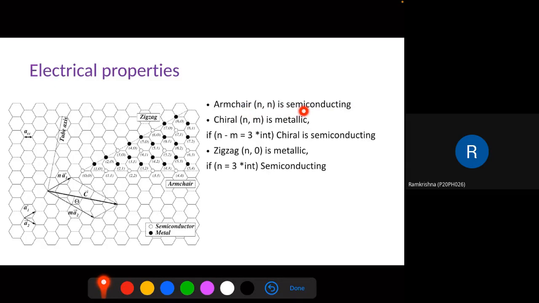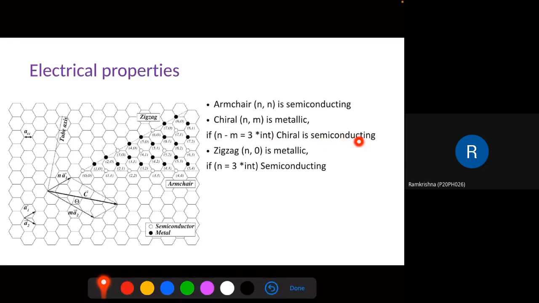The behavior is like a semiconductor. If you take a chiral nanotube, it is almost metallic. But since n is not equal to m, if the difference n minus m is divisible by 3, so it's 3 times some integer, then this chiral becomes semiconducting.